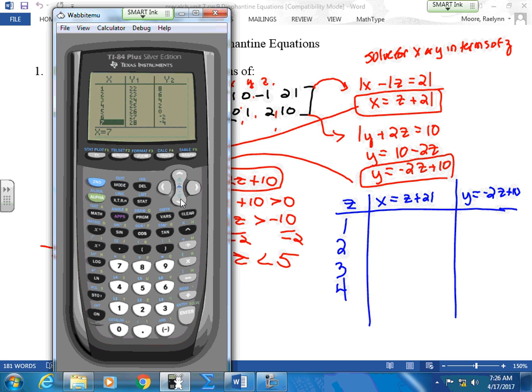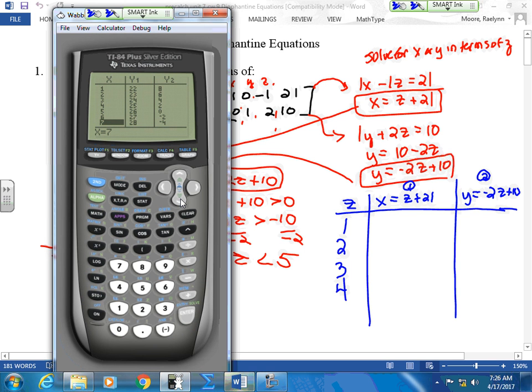You've got to keep track of your first one. This was my first equation. This was my second equation. So my first equation gives me 22. My second equation, 8. Now, if they're fractions, I don't want them. If they're negatives, I don't want them. These just happen to work out nice.